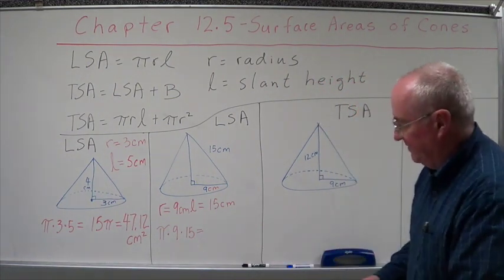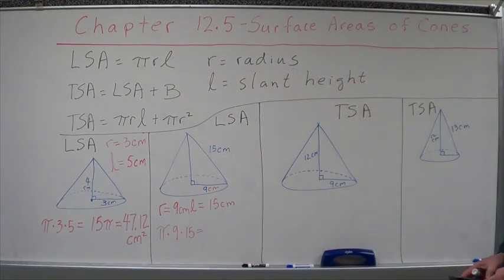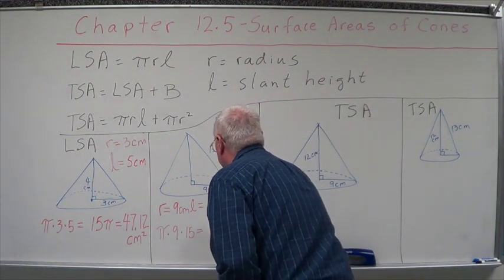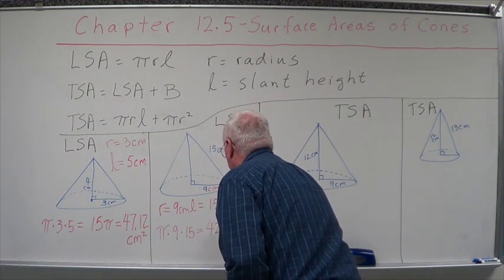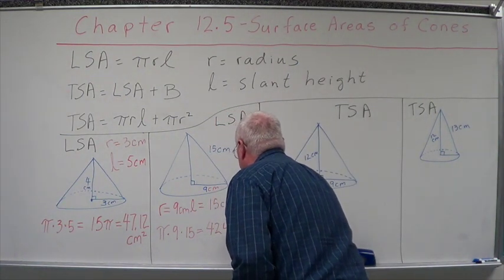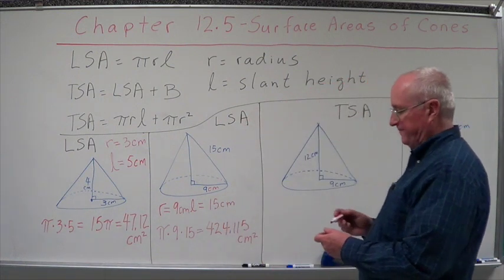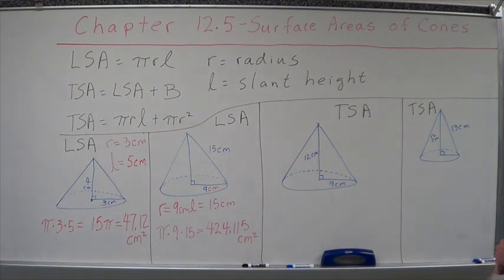Okay, so let's do that one. 9 times 15 times pi equals 424.115 centimeters squared. Okay? Pretty simple way to do that.